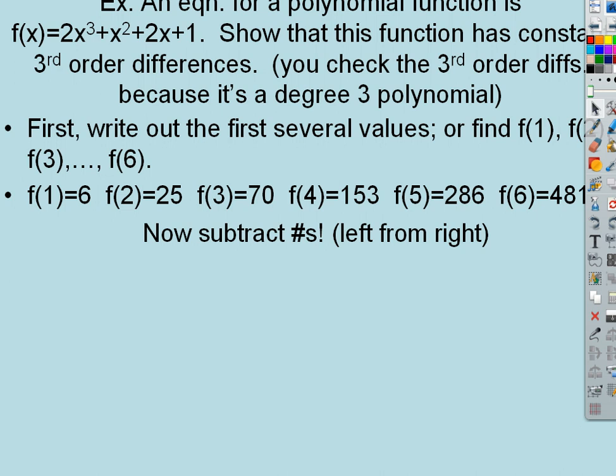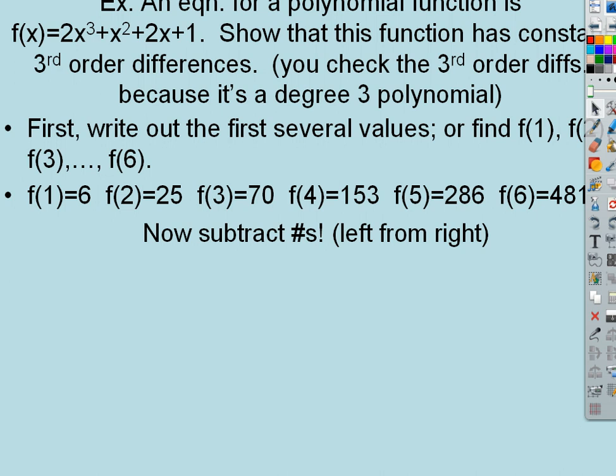By the differences, we mean the difference in the y values as I move up incrementally from x equals 1 to x equals 2 to x equals 3 to x equals 4, etc. If I calculate the y values that go with those, the differences are just how much the y values are changing from one x value to the next.